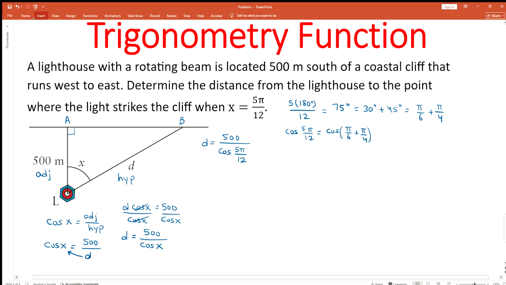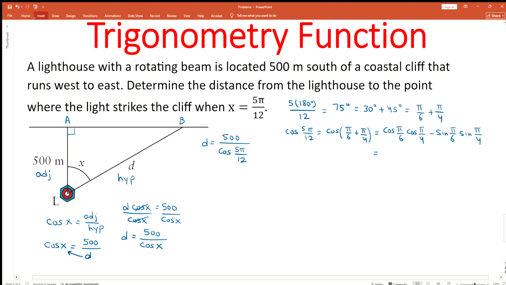Now we can use the compound angle formula to expand this term. We should use the compound angle formula for cosine for sum of angles. So the expanded form is cos pi over 6 times cos pi over 4 minus sine pi over 6 times sine pi over 4.